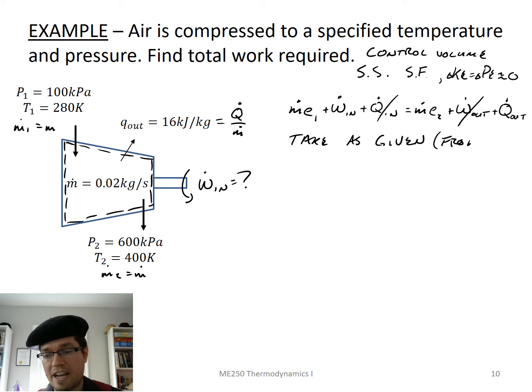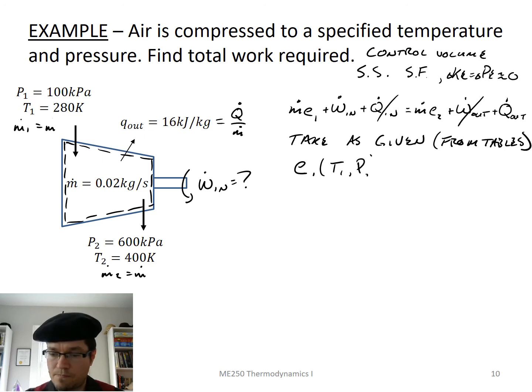From the tables in the back of the book, the flow energy at the inlet at T1 and P1 is 280.13 kilojoules per kilogram. And likewise, we can look up for T2, P2.